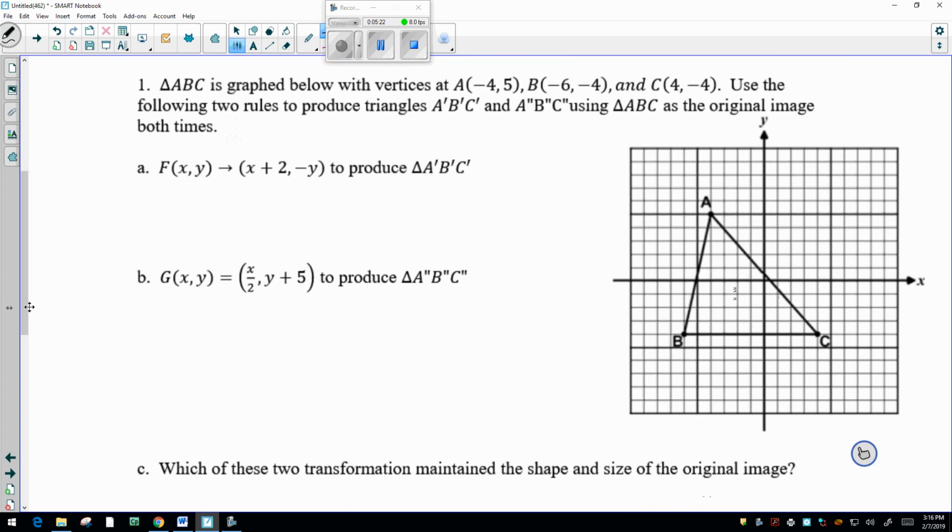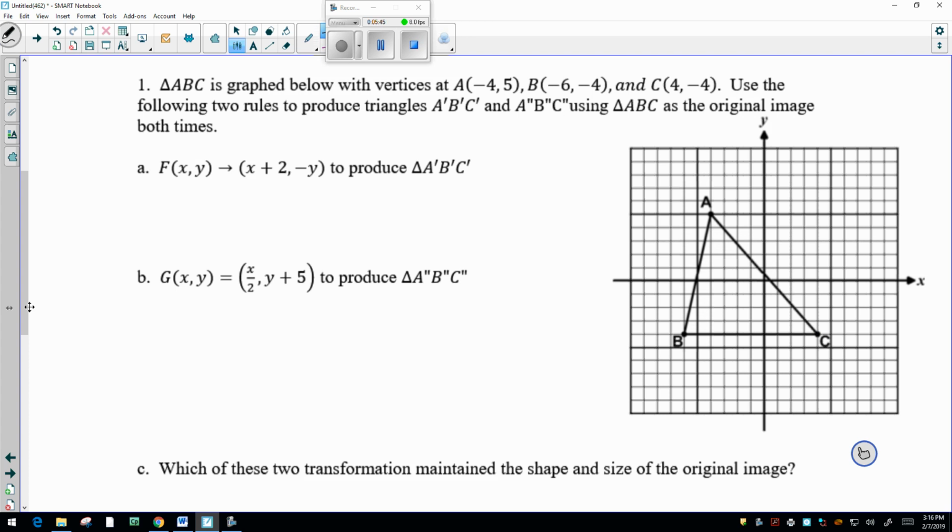So we'll try some examples down here. So ABC has been graphed, and we have our vertices labeled, and it says we're going to use the following rules to produce two different triangles, A prime, B prime, C prime, and then A double prime. And we're using the original image each time. So every time we're starting, we're going back to that original image. We can do this one of two ways.